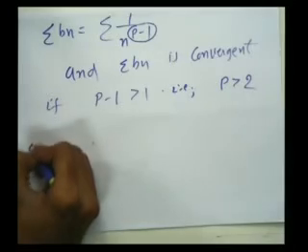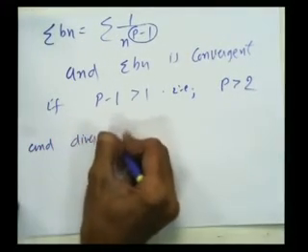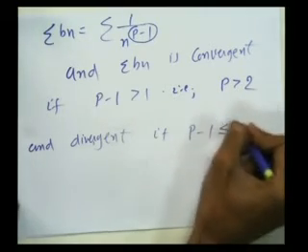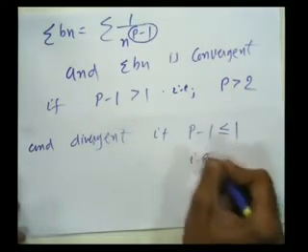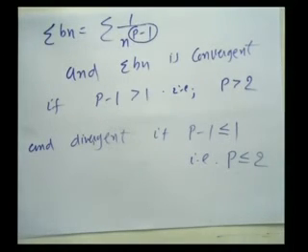And divergent if P minus 1 is less than or equal to 1. That means P less than or equal to 2. So the given series is convergent if P is greater than 2, and the given series is divergent if P is less than or equal to 2. And we have already said that sigma an and sigma bn converge or diverge together.